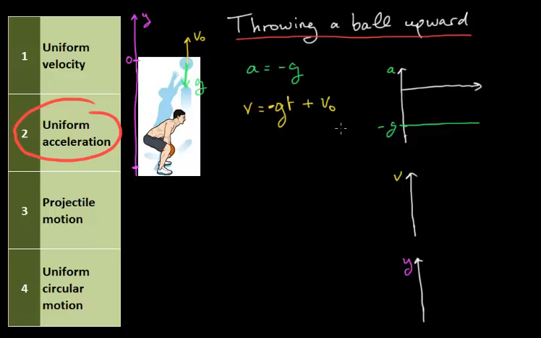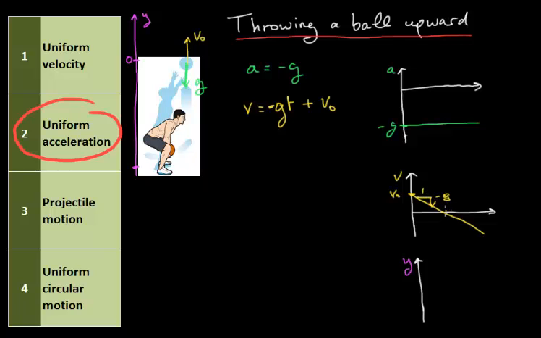So what kind of equation is that? Well, it's a linear function with intercept v0, so it starts here at v0, and then with a downward gradient of g. So we have something that looks like this. Not very well drawn. Let me take another try. Here we go. And we have a slope, a gradient of minus g.